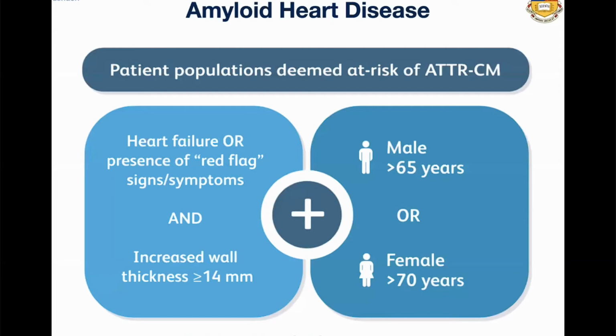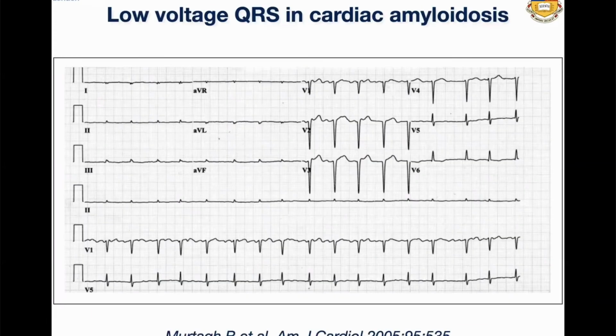This is a typical example of an ECG. You have a patient with a ventricular hypertrophy of about 15 to 16 millimeters. Yet, instead of expecting voltage criteria for hypertrophy, you have this low voltage in the precordial leads. That is a hallmark of cardiac amyloidosis.